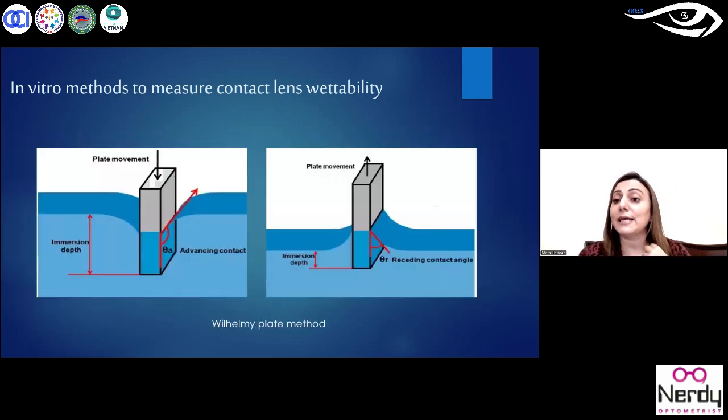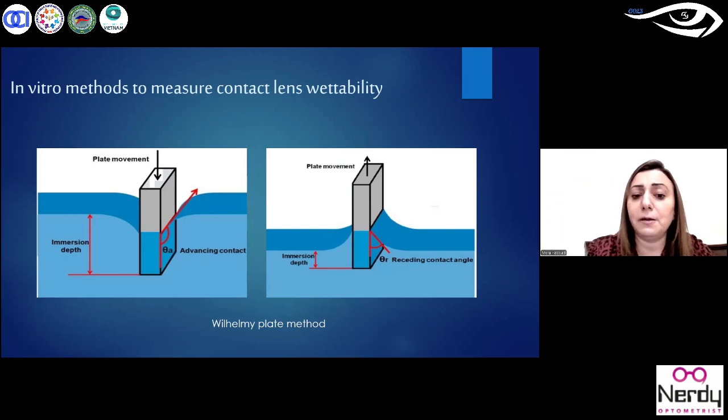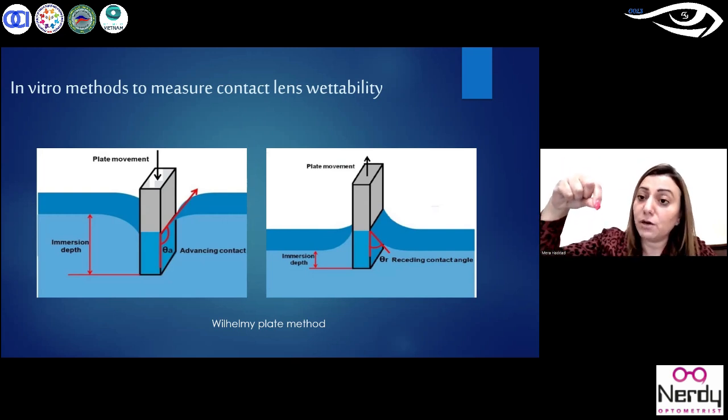The third technique in the lab is the Wilhelmy plate. This is, again, a well-known technique, but it's not used as much as the sessile drop and captive bubble, because it ruins the contact lens a bit. We need to cut a flat piece of the lens from here and here, and it becomes like a plate, and we immerse it in water and we take it out of the water.